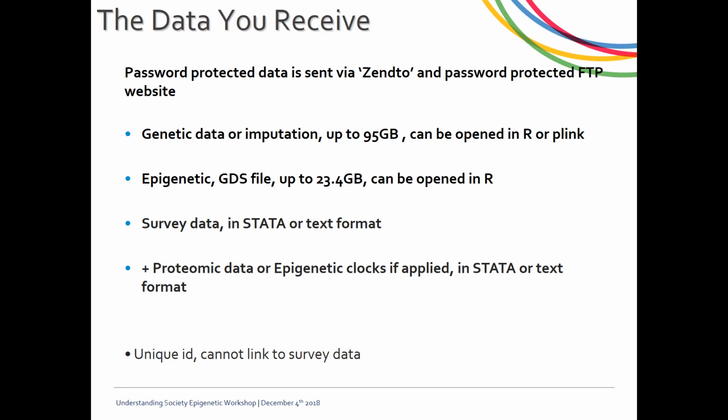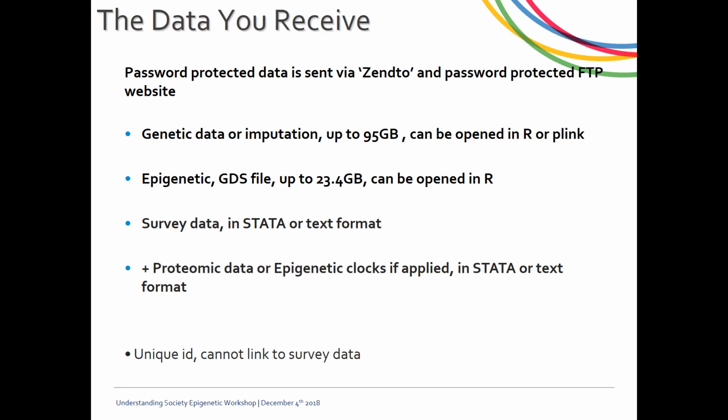And for epigenetic data, we have 2 GDS files, and it's up to 23.4 GB, and it can be opened in R. And for survey data, normally it's in Stata or text format. We're more likely to send you by Zen2. And if you also additionally apply for proteomic data or epigenetic clock, those are sent in Stata or text format.